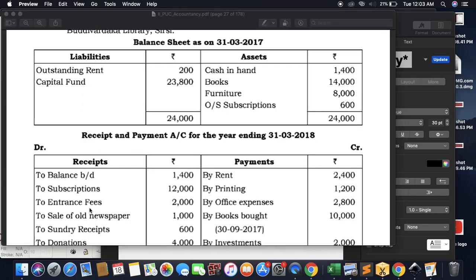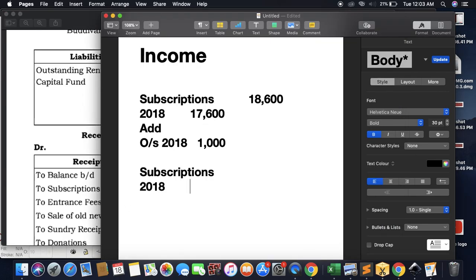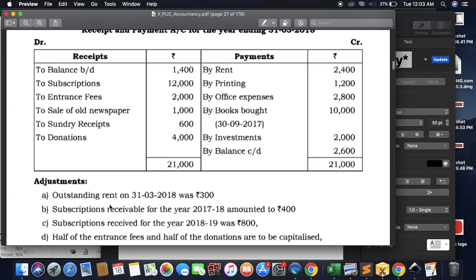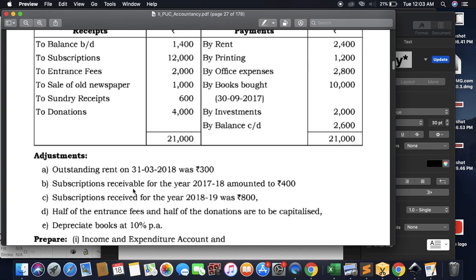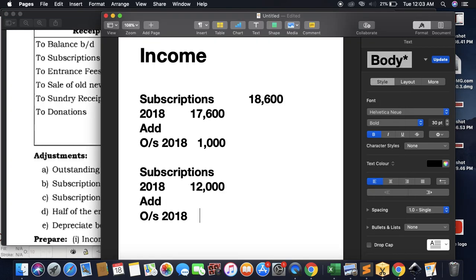So how much is it here? 12,000. Now you add outstanding for this year 2018, and it says 400 rupees. As you can see, receivable means it is not yet received, so 400 rupees. Then less pre-received, that is 800 rupees.